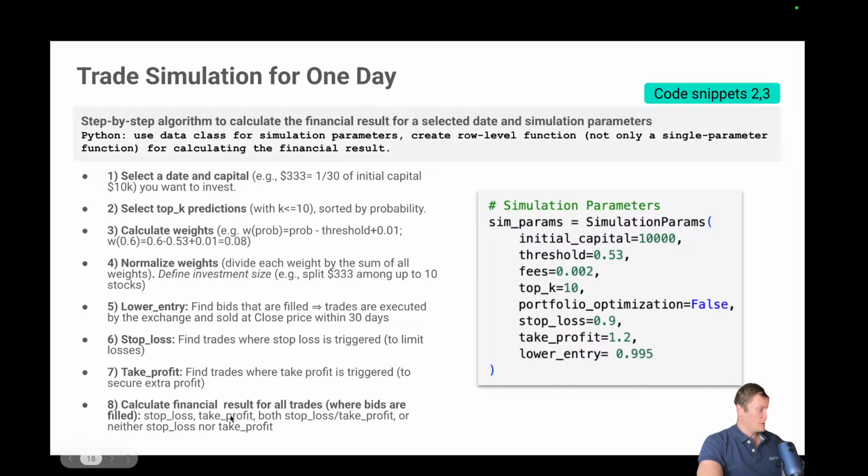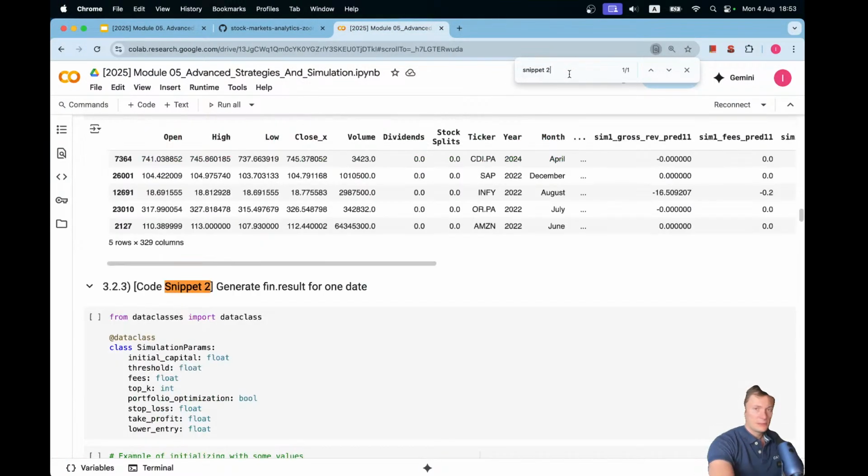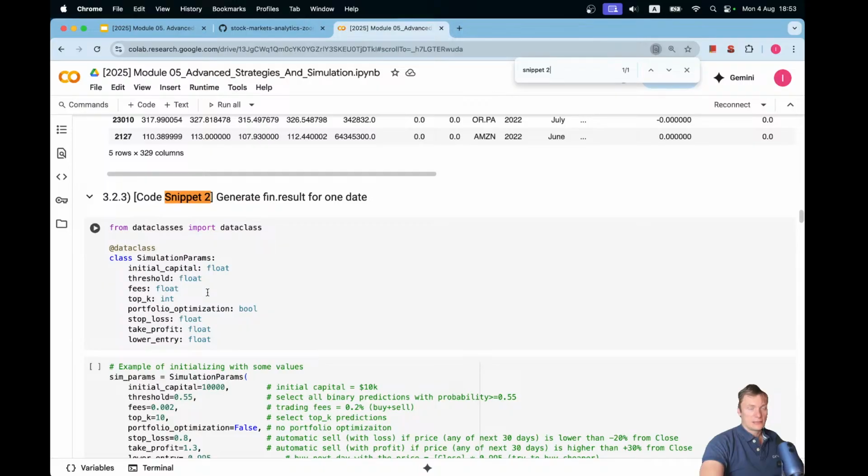So finally, we are ready to do this advanced simulation, and I will show you the code. This is code snippet number 2. Here we define a data class. Essentially, it's one structure with a set of simulation parameters, and that's the initial capital. Then we have the threshold that's used for the decision rule.